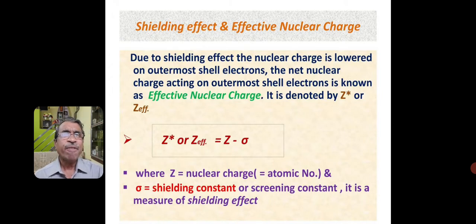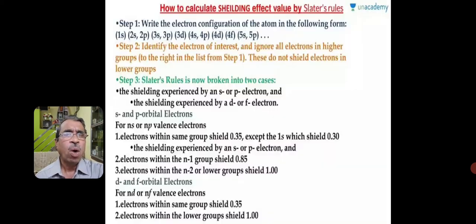The shielding effect or effective nuclear charge, the value, I have already told you about this. The effective nuclear charge is calculated using the equation Z effective is equal to Z minus sigma, where sigma is called the shielding constant or screening constant.